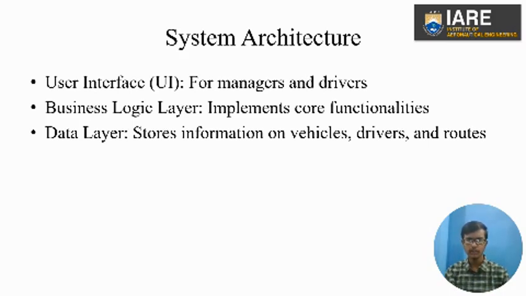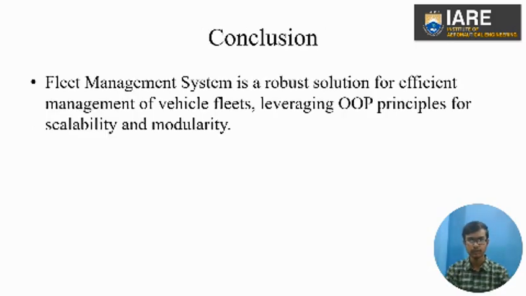It stores detailed information on different kinds of classes like vehicles, drivers, routes, etc. So these are the three most important and crucial points we came to know about the system architecture of fleet management system in the context of object-oriented programming.